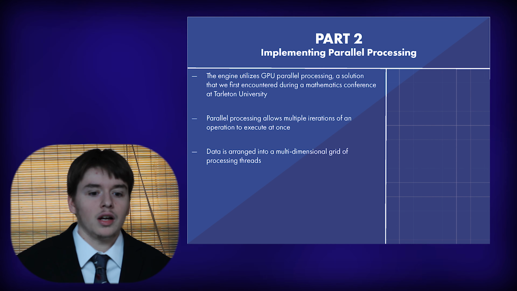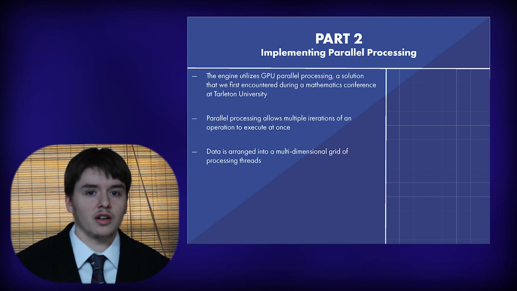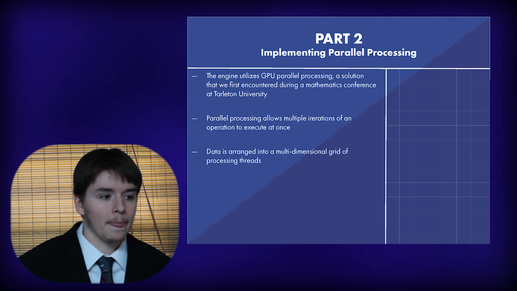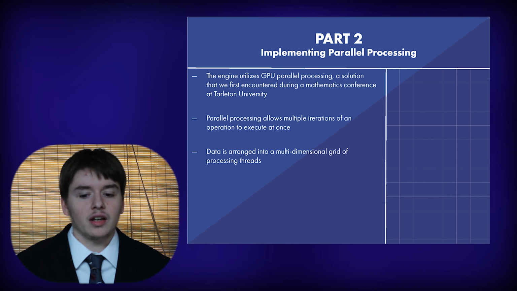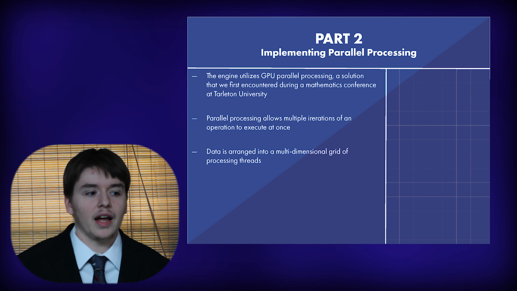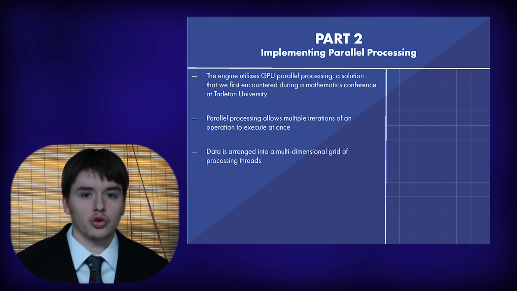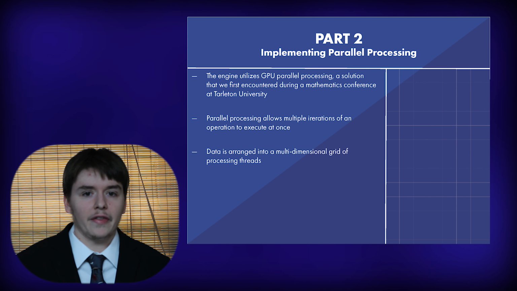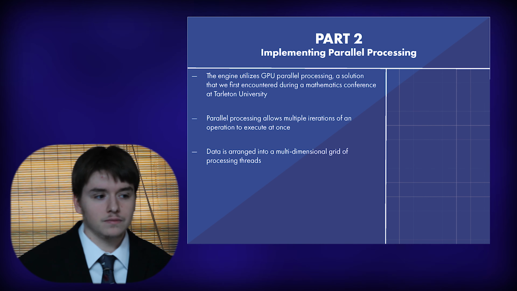So things like calculating position we can do multiple times rather than just for each individual particle. And it works by basically taking a large data set and splitting it into a multidimensional grid of processing threads so that we can have one thread work on one particle at a time.